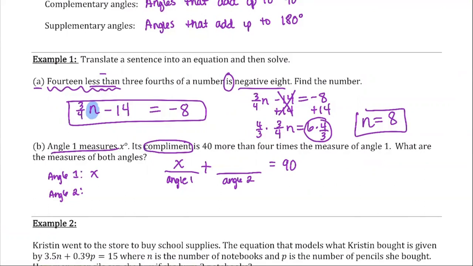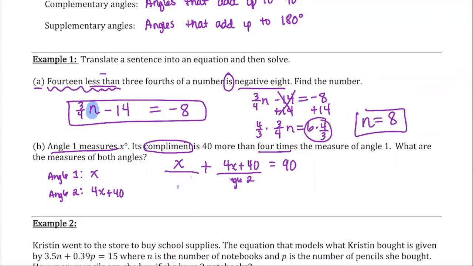For angle 2, it says its complement is 40 more than 4 times the measure of angle 1. So it's 40 more. That means I'm going to add 40 to whatever 4 times the measure of angle 1 is, which we know is x. So I'm going to multiply x by 4 and add 40 to it, and that is going to be whatever the measure of angle 2 is.